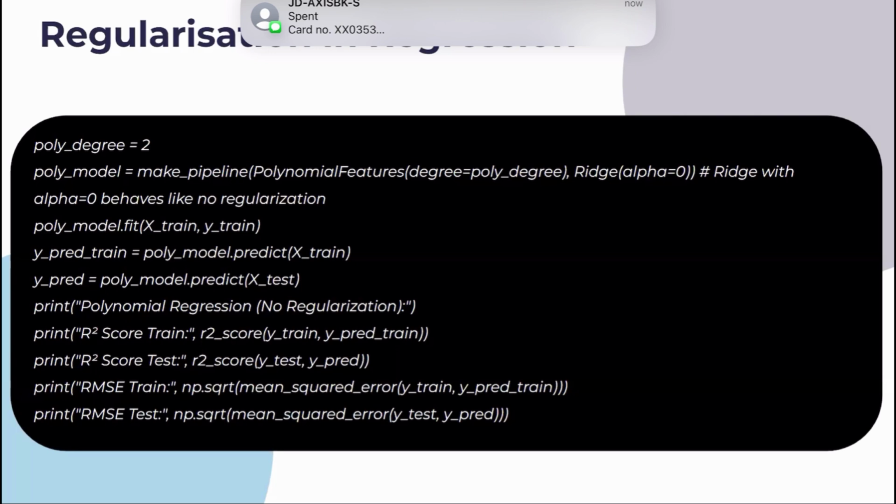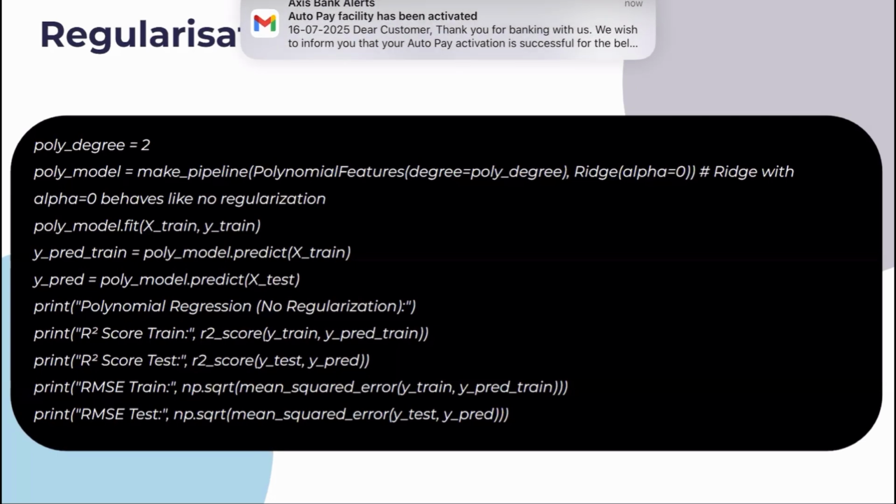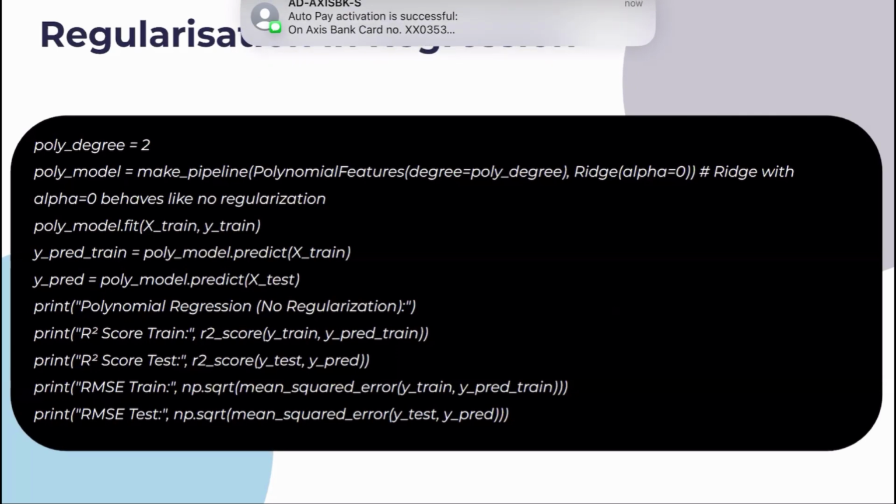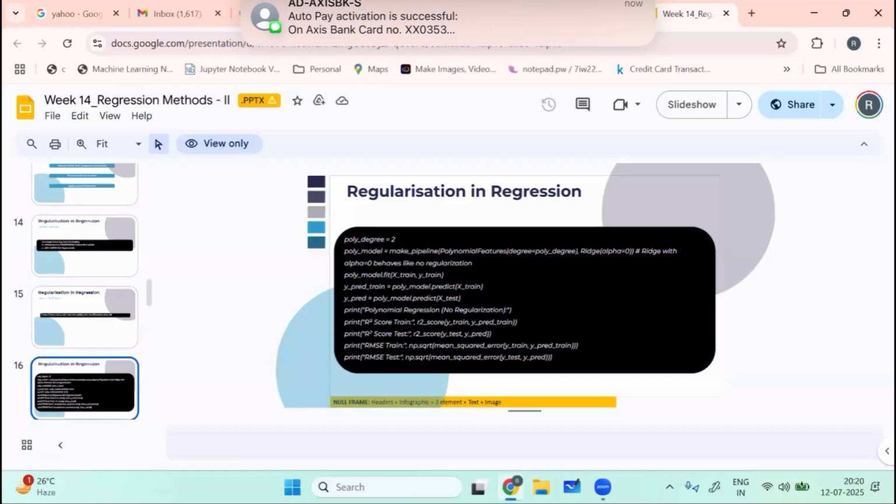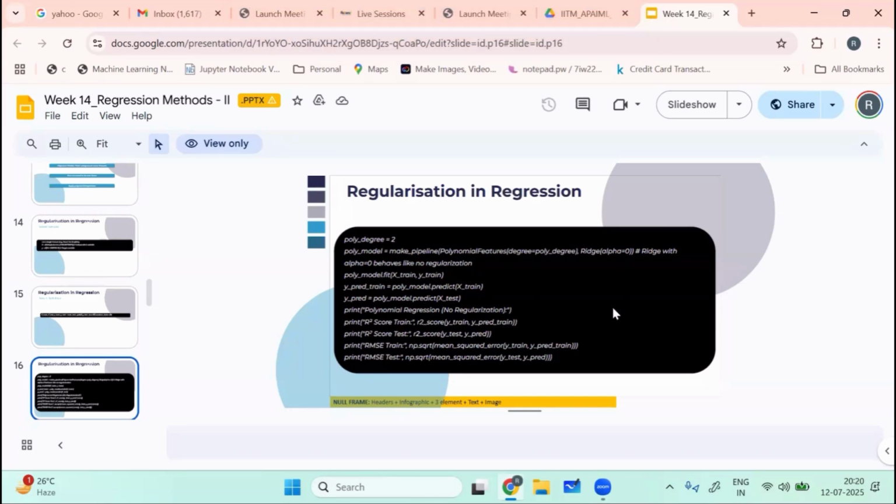What will happen if ridge is set to 0? Let's say B square, the penalty which is attached, what will it do? Who can tell? What will happen in this case? It will do overfitting.